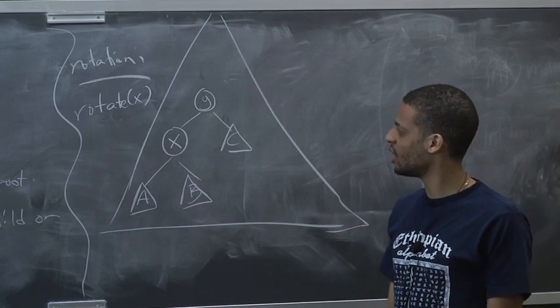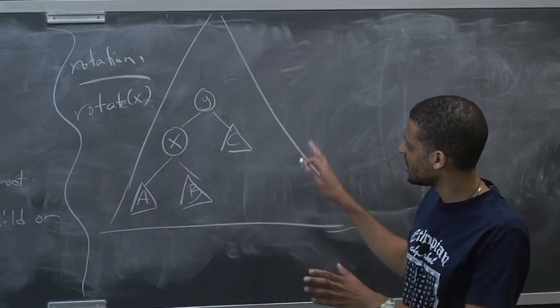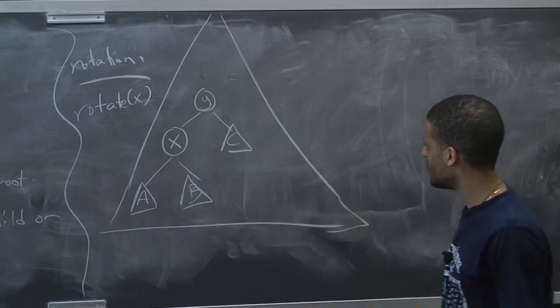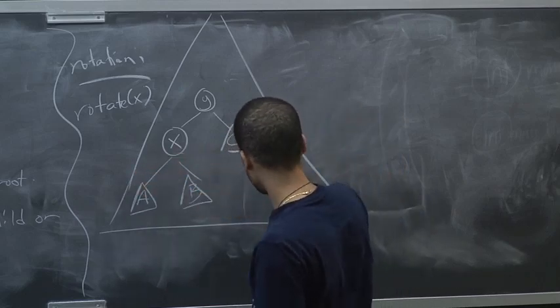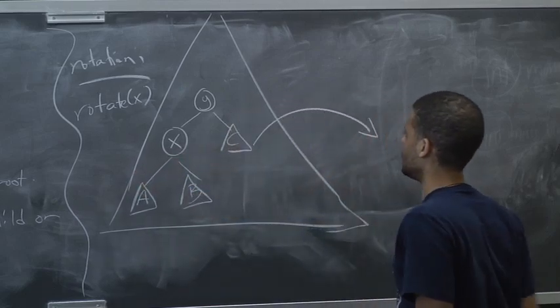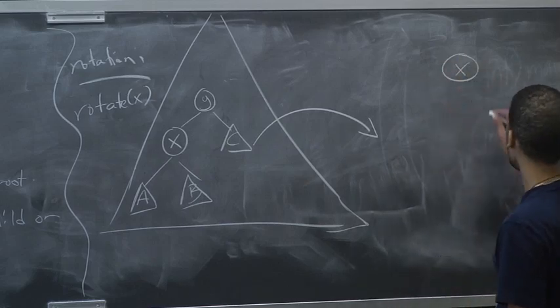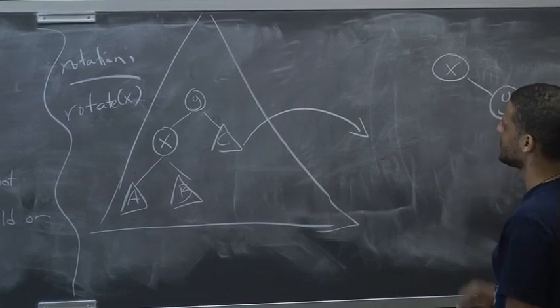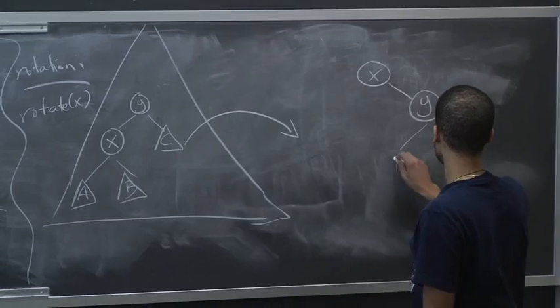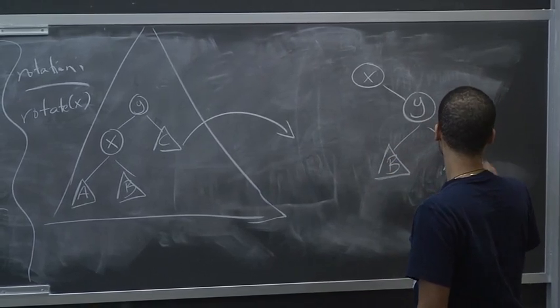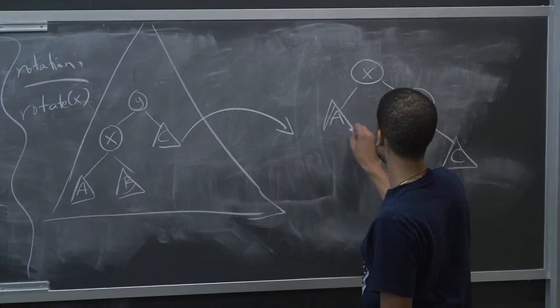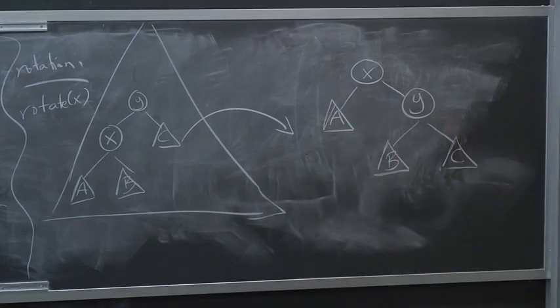And if we do a rotate on X, the rest of the tree stays looking how it was. But this picture turns into X now being the root. Y is now a right child of X. And then B and C now live here, and A lives here. Okay, so that's what I mean by rotation.